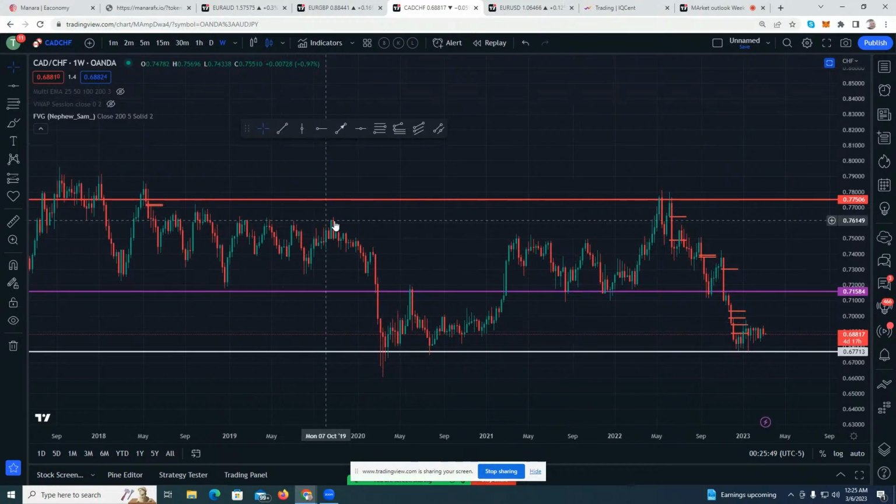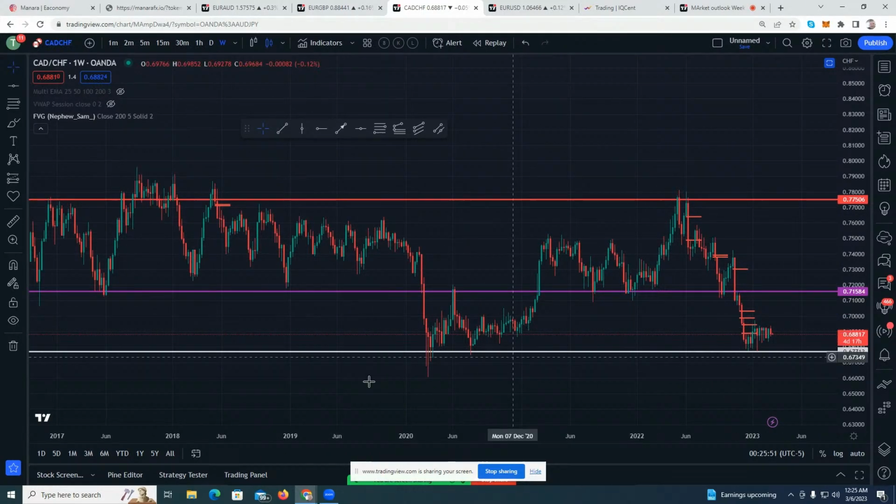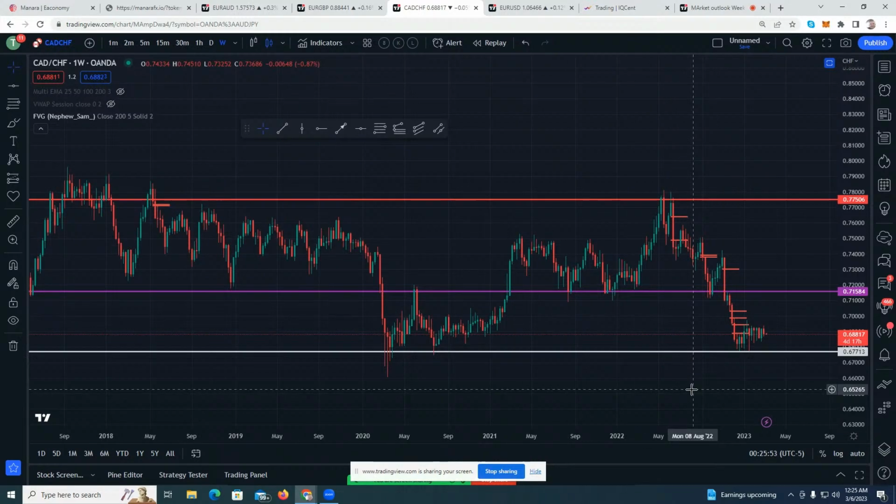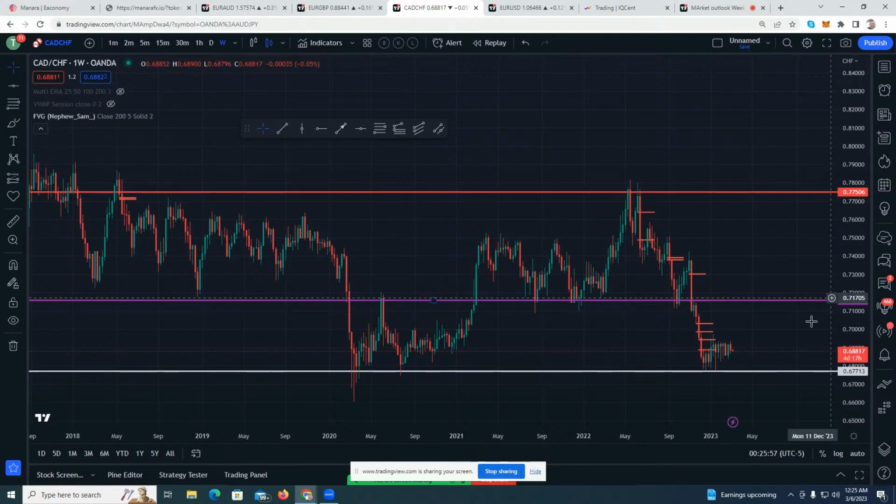This is basic, off the weekly time frame, right? We have a strong support area here, coming in at the 0.67700 area.